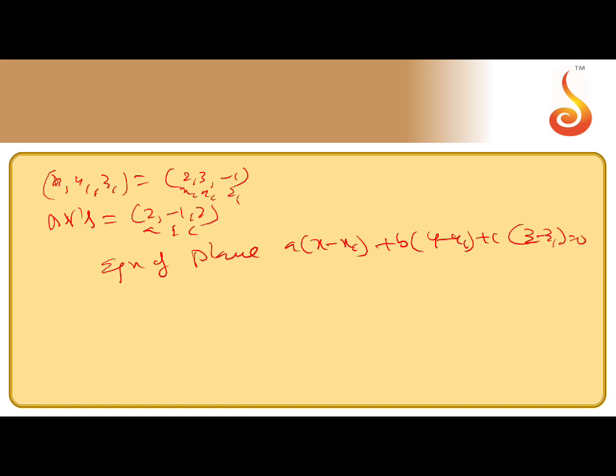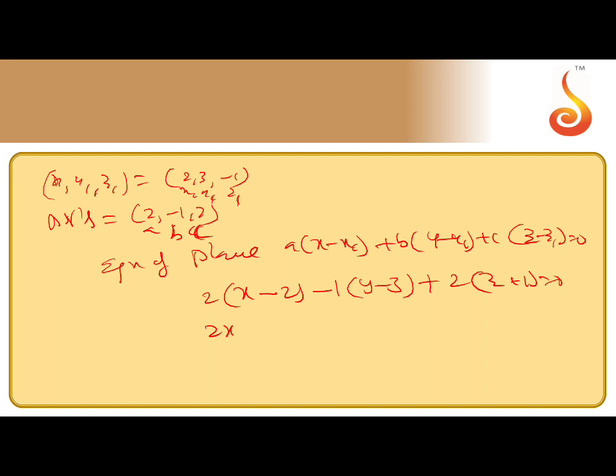This is a very good question. So now a is 2 into x minus 2. Be careful. Plus b is minus 1 into y minus 3, plus c is 2 into z minus (minus 1), so z plus 1, equal to 0.